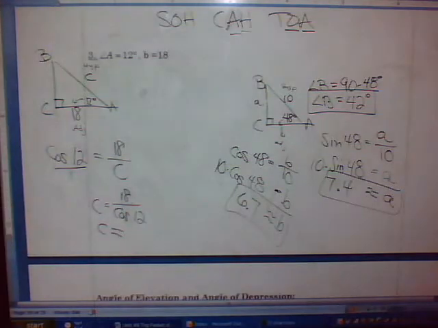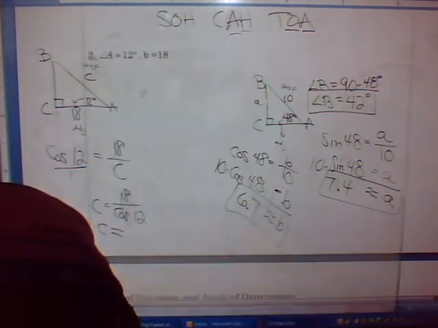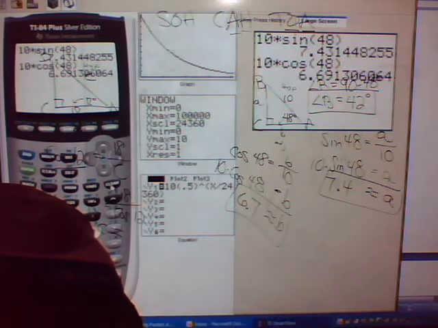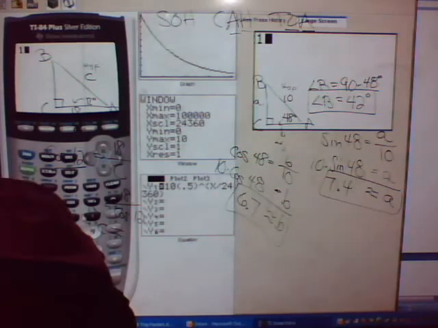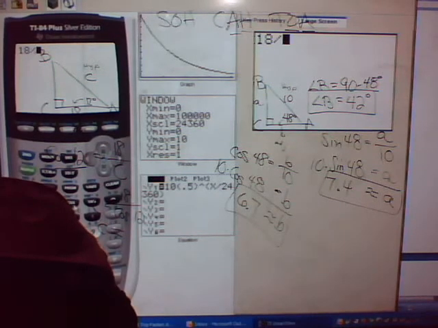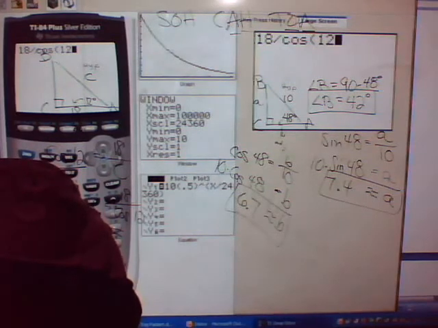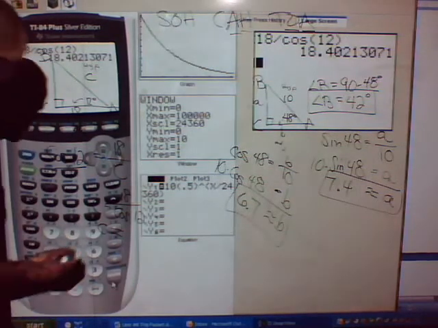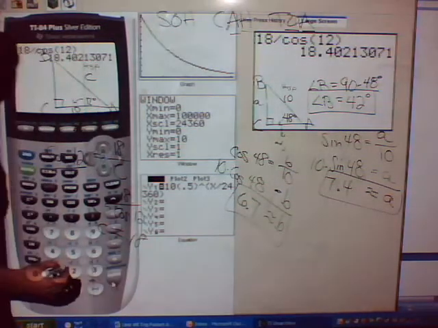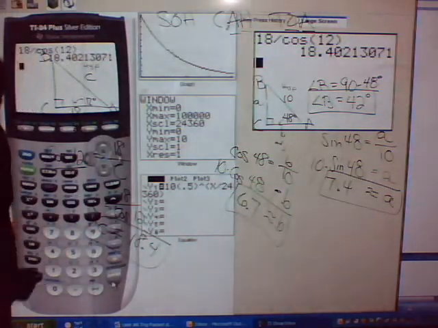So C will be approximately equal to, let's clear that out. So what do we have? We had 18 divided by cosine of 12. So C is approximately 18.4. Okay?